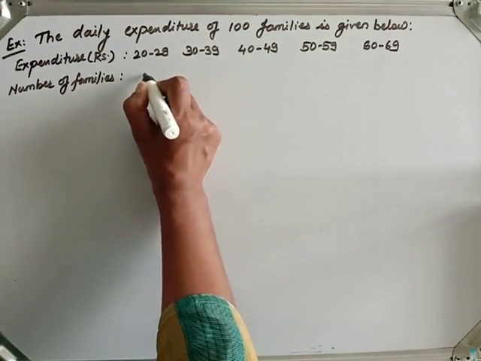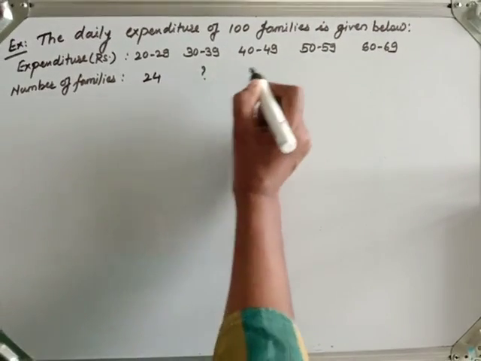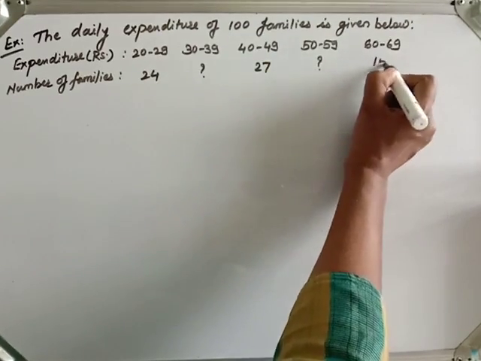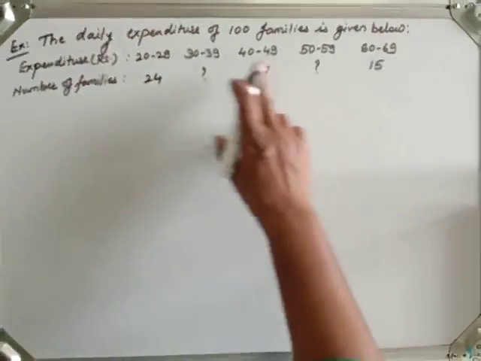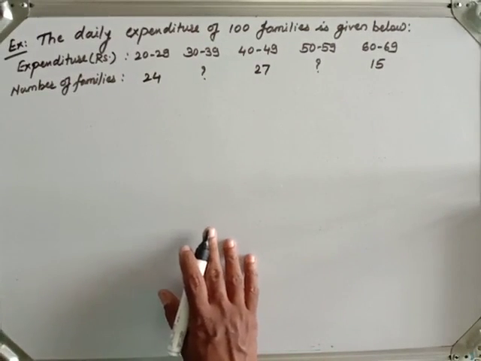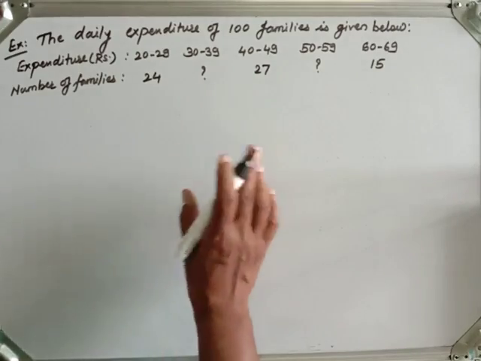And the number of families are 24, here nothing is given, 27, here nothing is given, and 15. Now you know the total number of families is 100, so the sum of frequencies is 100 here.